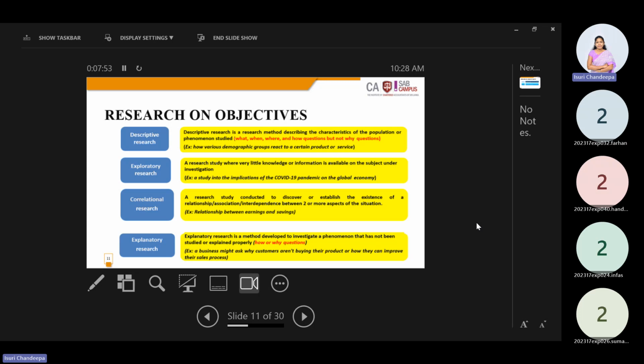Descriptive research, in the sense that you are going to explain or identify the characteristics of the population, maybe an organization, an individual, a group of people, likewise. Yes, examples.